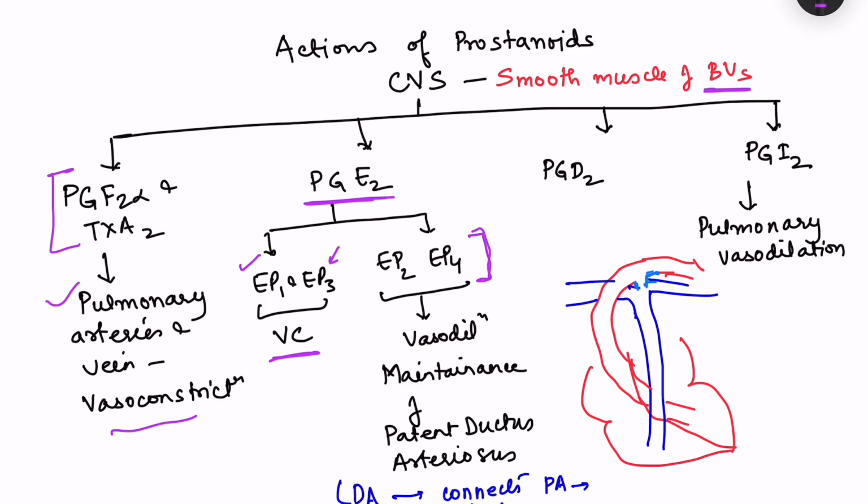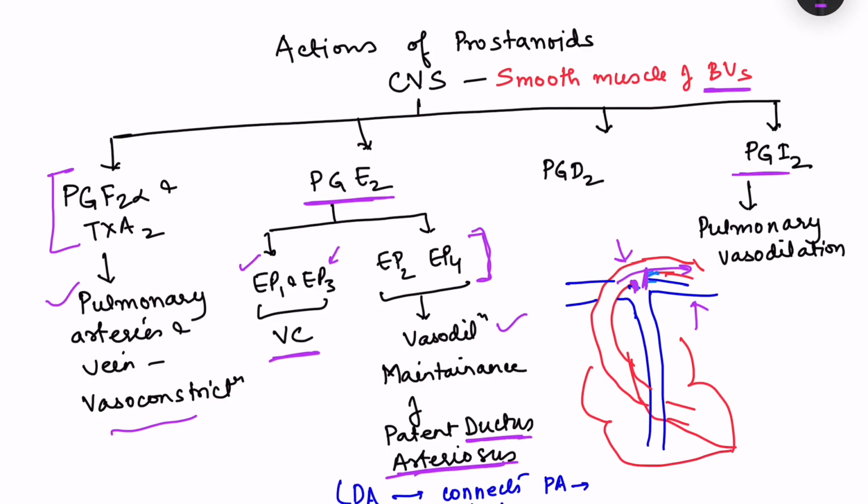So PGE2 is important for vasodilation and also for maintaining the patency of ductus arteriosus. This we have discussed before also, right? Ductus arteriosus is the vessel which connects the pulmonary artery with the aorta, so that blood is bypassed directly into the aorta. It doesn't go into the lungs. Very important in fetal stage, right?